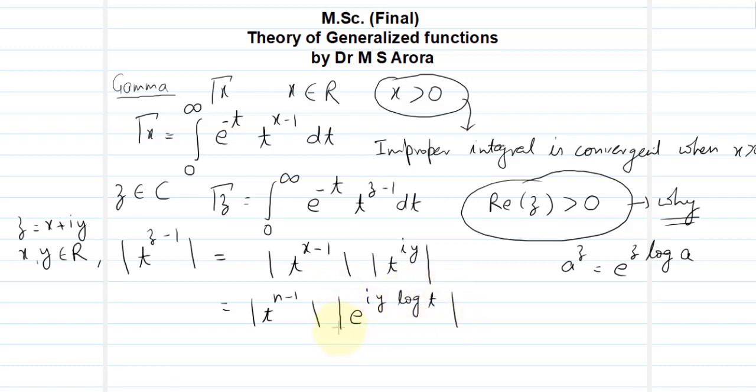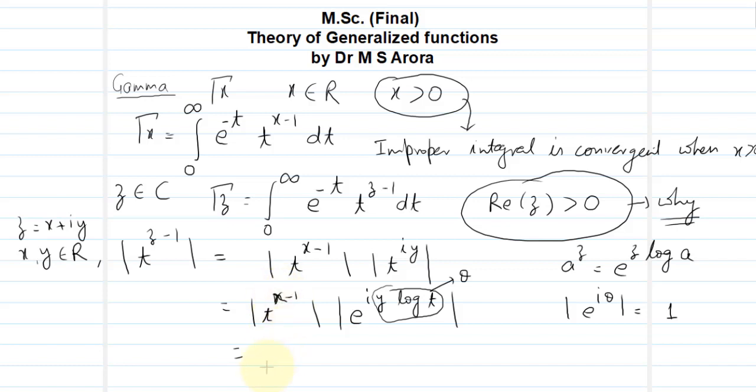Now if we suppose that y log t is theta, then we get e to the power i theta, and by Euler's theorem e to the power i theta is cos theta plus i sin theta, which has modulus 1. So what we can write here is simply, it is t to the power x minus 1.